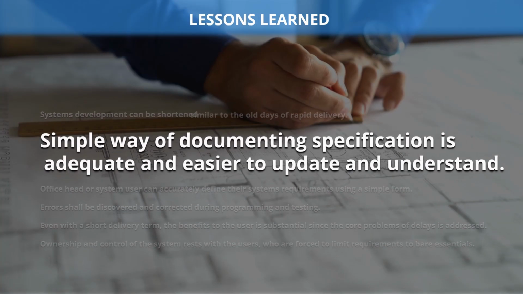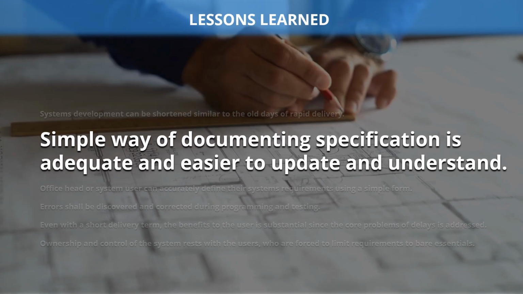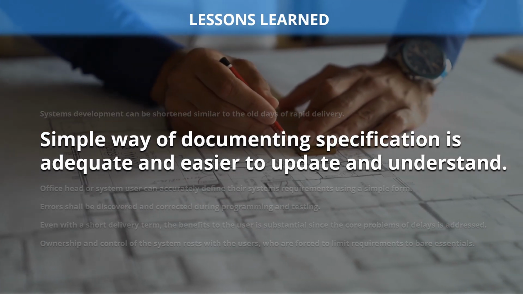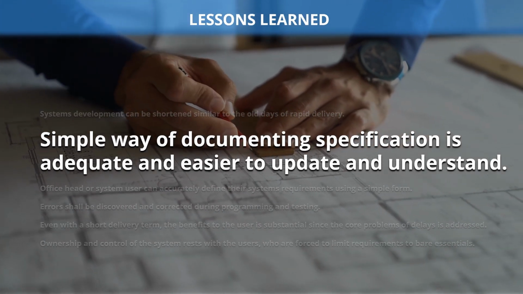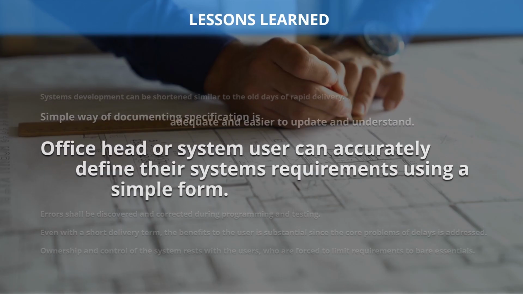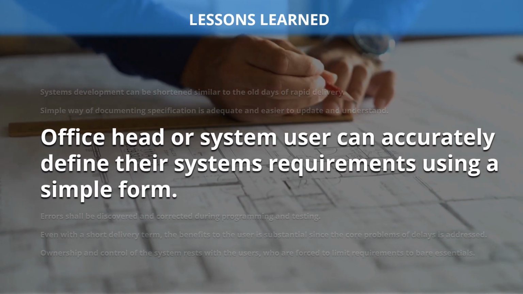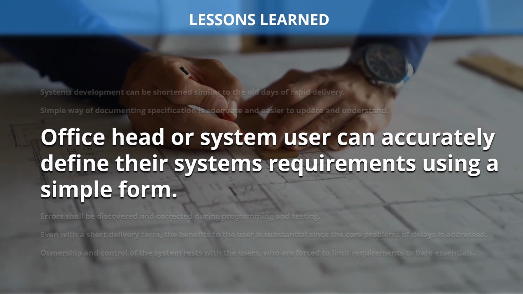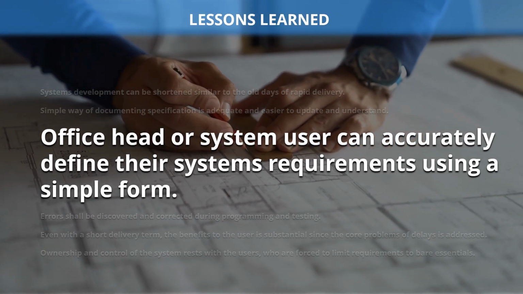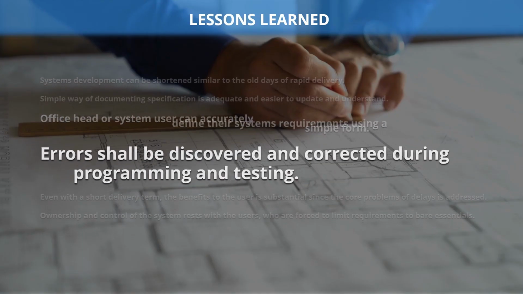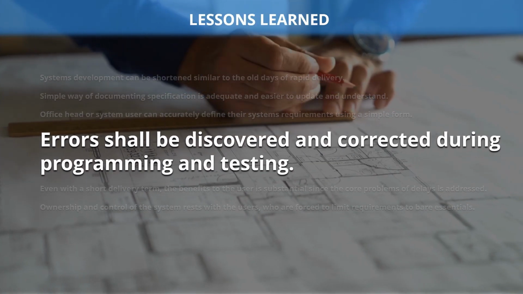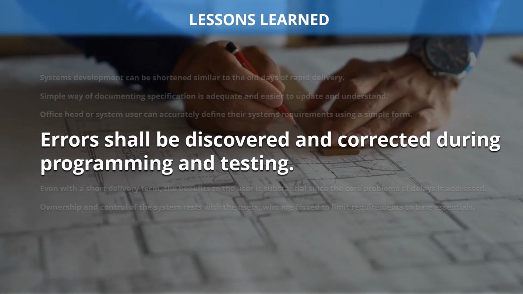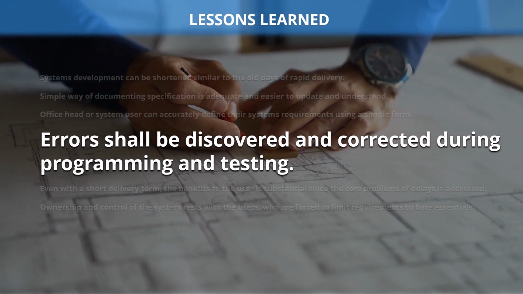A simple way of documenting specifications is adequate and easier to update and understand. 3. Any office head or system user can accurately define their system's requirements using a simple form. 4. Errors or omissions shall be discovered and corrected during programming and testing.